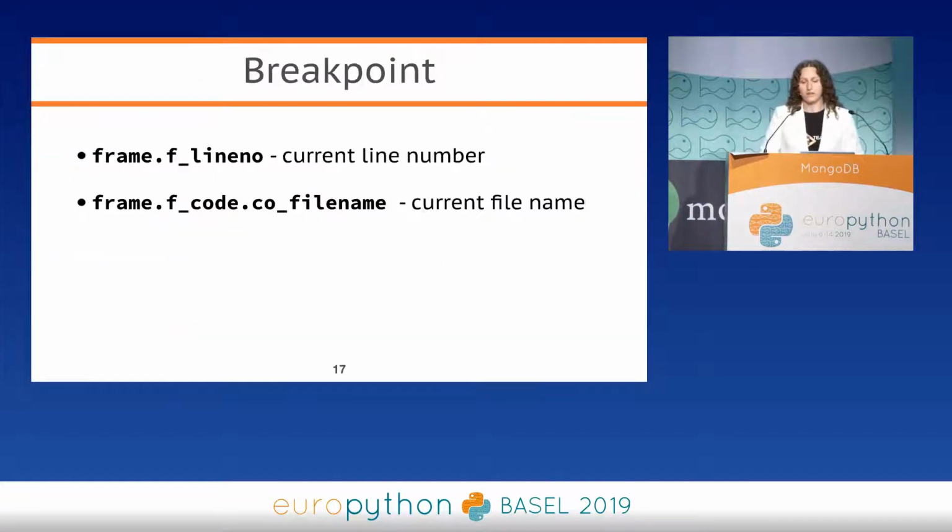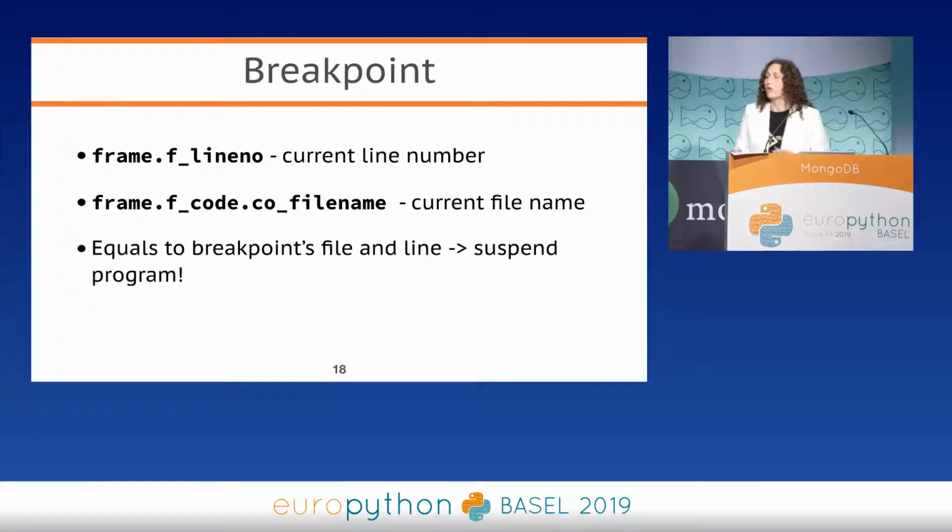Okay, how can we use this tracing function to implement breakpoints in our debugger? On each program event, the tracing function receives a frame object, which contains not only line numbers, like we've seen in our example, but also the file name of the current code, which is stored in the code object. A breakpoint also has a file name and a line, where the user put it.